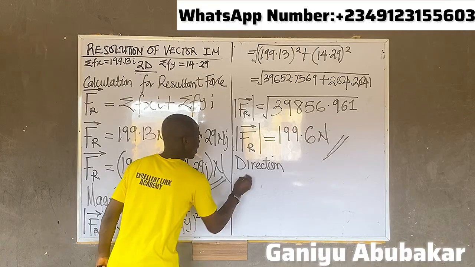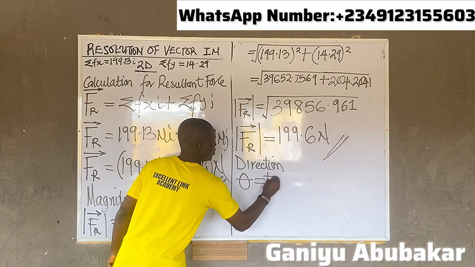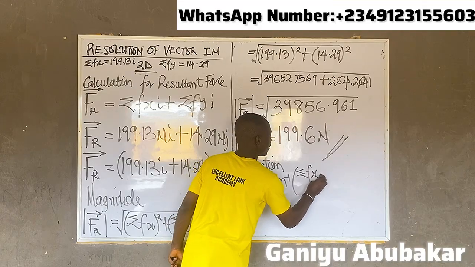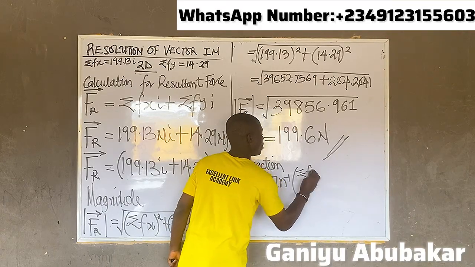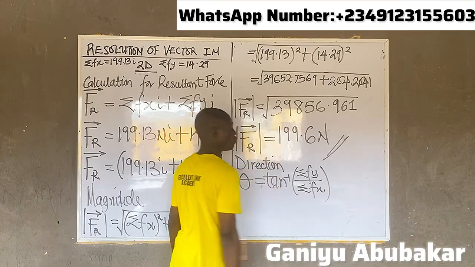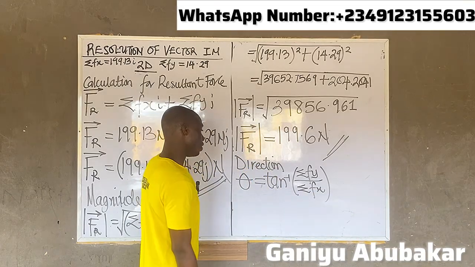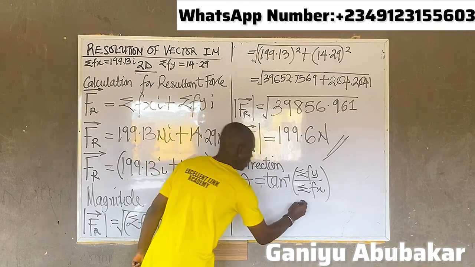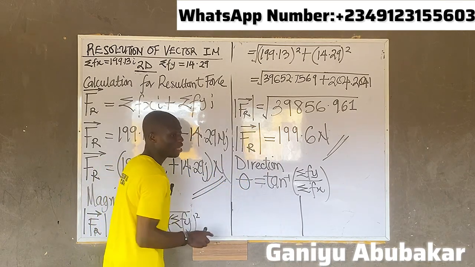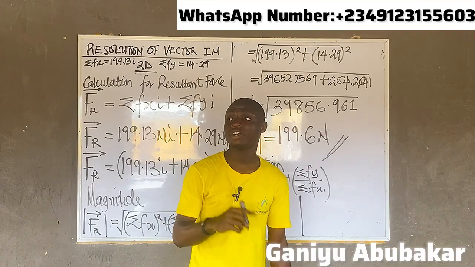For the direction, we said theta is equal to what? The tan inverse of summation f of y over summation f of x. This was the formula we gave for the direction. So you get me the value of theta and leave the answer in the comment section.